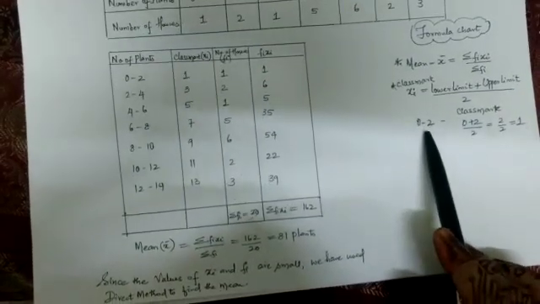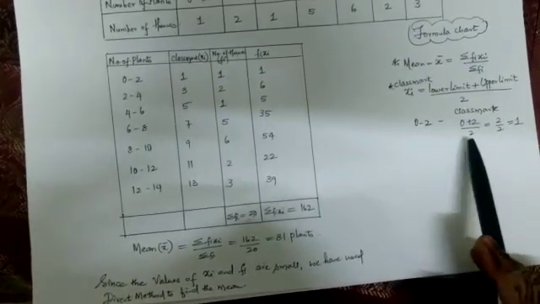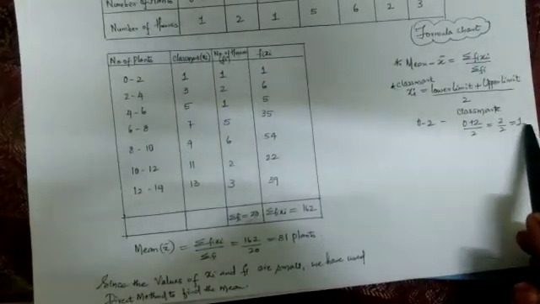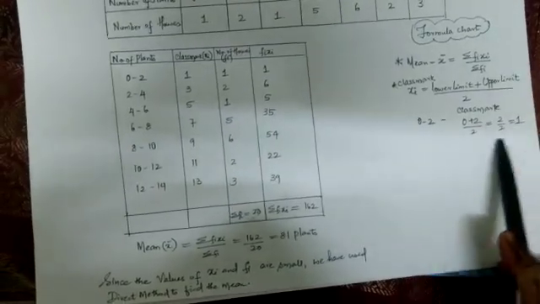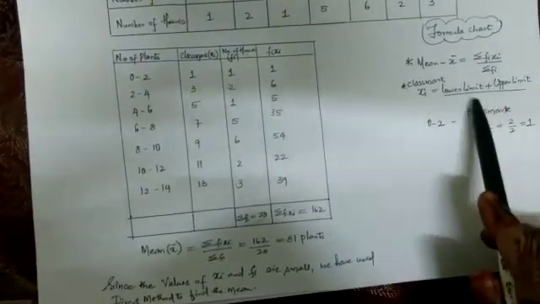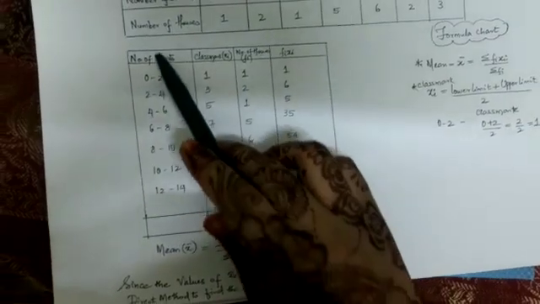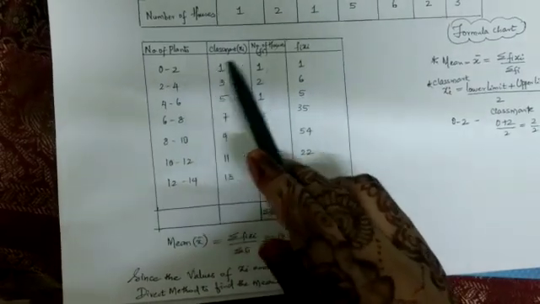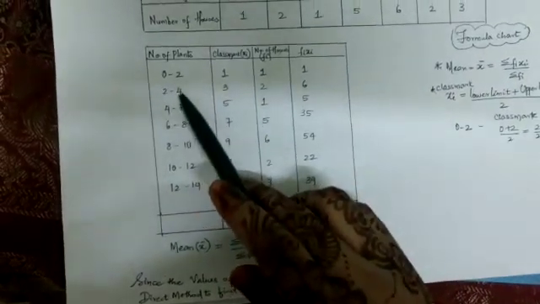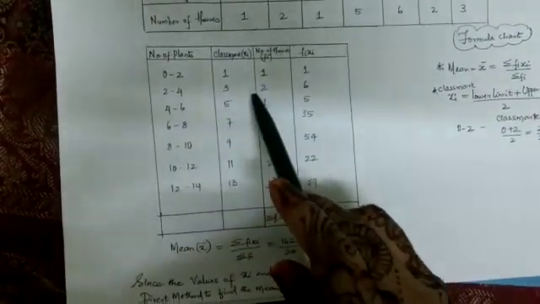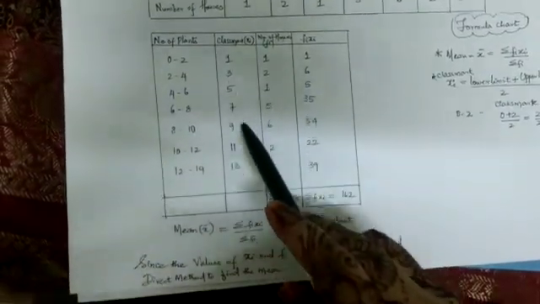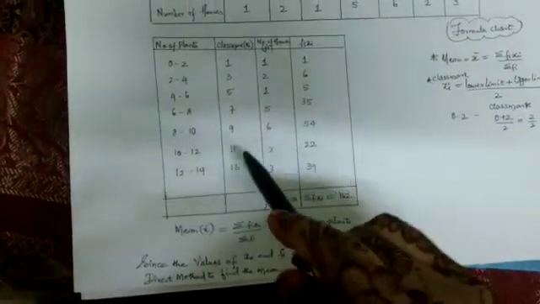Then how to find the class mark? 0 plus 2 divided by 2, so when I do this division, I'll get 1. So using this formula, I found the class mark for each class interval. 0 plus 2 divided by 2 is 1. 2 plus 4, 6, divided by 2, 3. So here I am ready with my xi, that is the class mark.